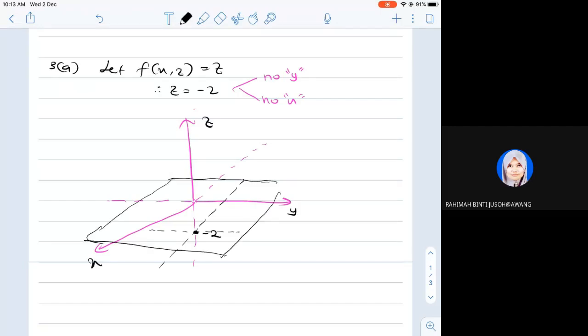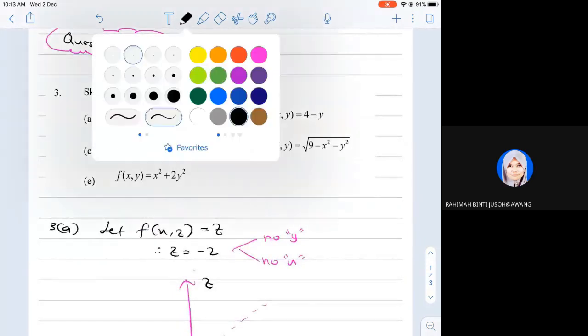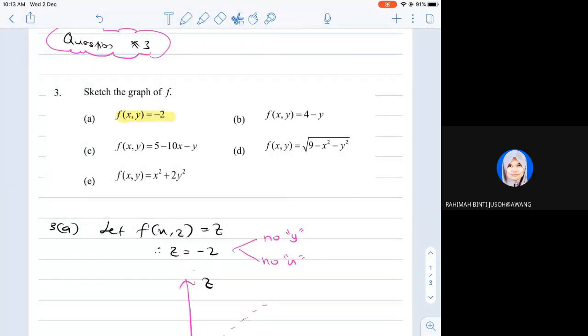So we will have this plane parallel along the x-axis and y-axis. And next, question number 3b.